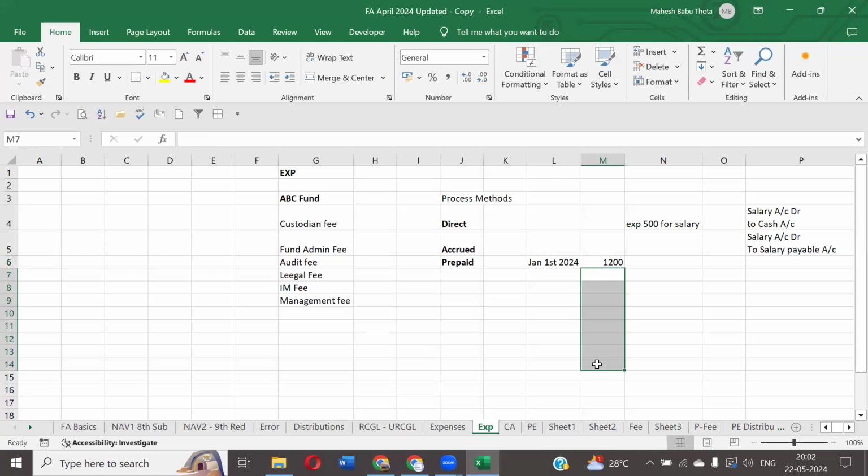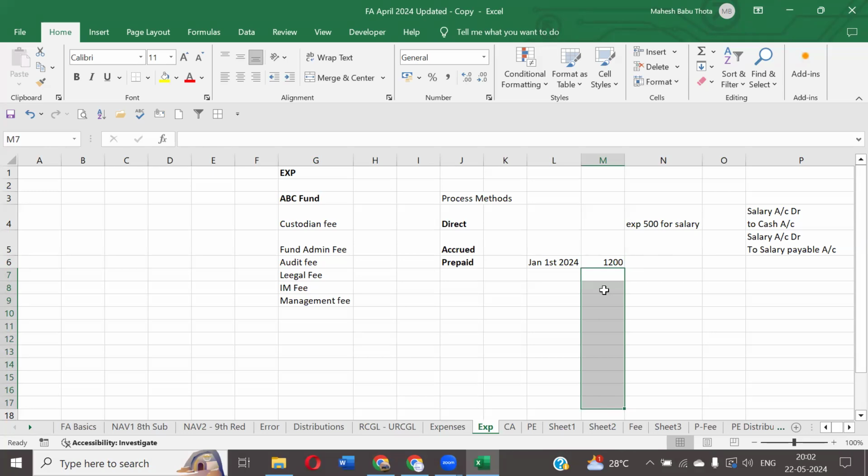What is the fair treatment? You are going to use this Netflix premium for 12 months. So let's distribute this 1200 rupees for every month. So every month it will come 100 rupees, 100 rupees, 100 rupees. For the respective months, we have to charge 100 rupees each.